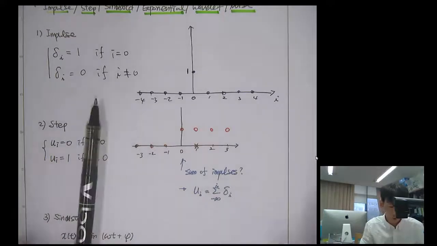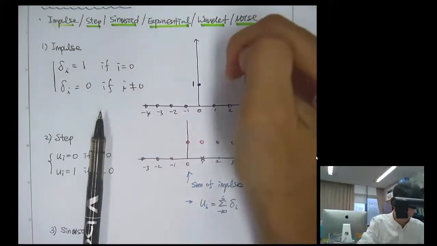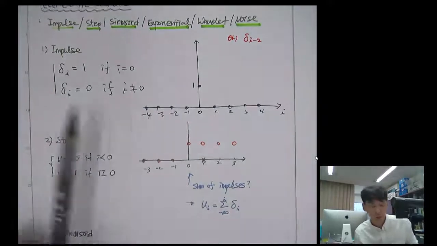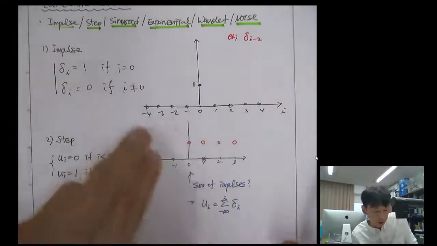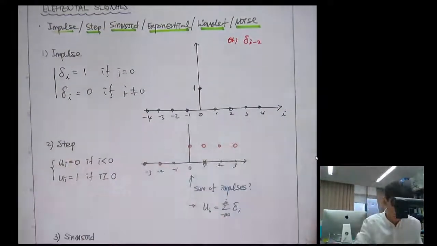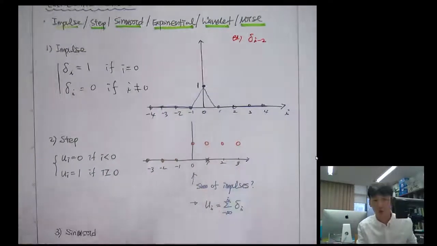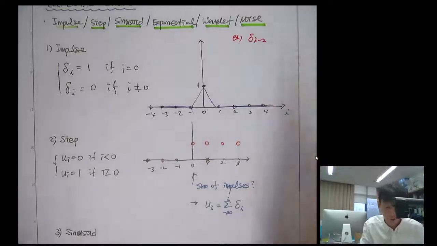Let's draw an example, delta i minus 2. Delta i is this signal, right? What about delta i minus 2?